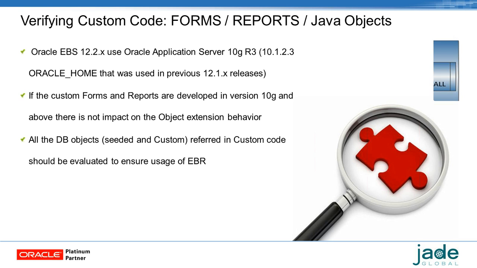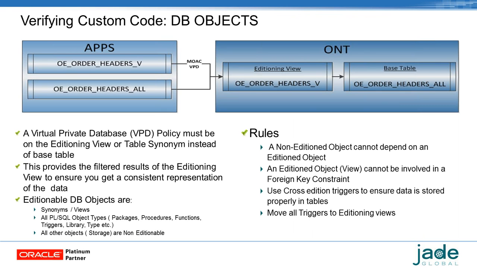On the database object side, it's a little bit different story. First things first, your VPD, the Virtual Private Database policy, must always be pointed towards the edition or the table synonym in the APPS schema, no more directly in the core schema of any given module. It provides you the filtered results of editioning views to ensure a consistent representation of data.